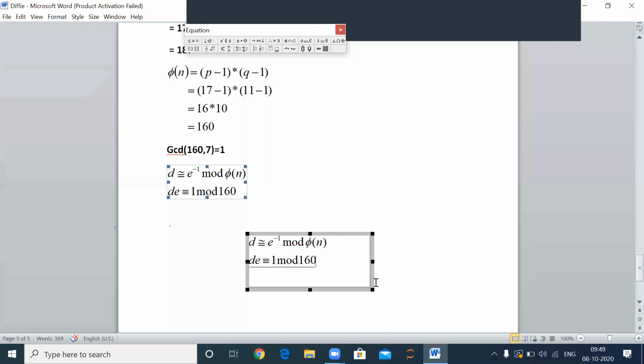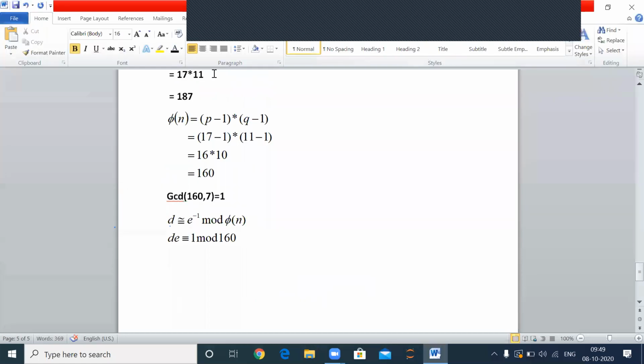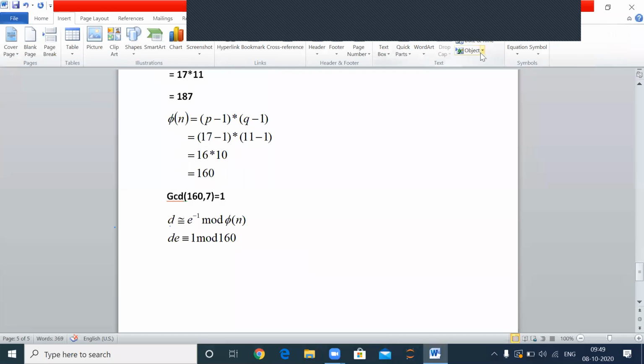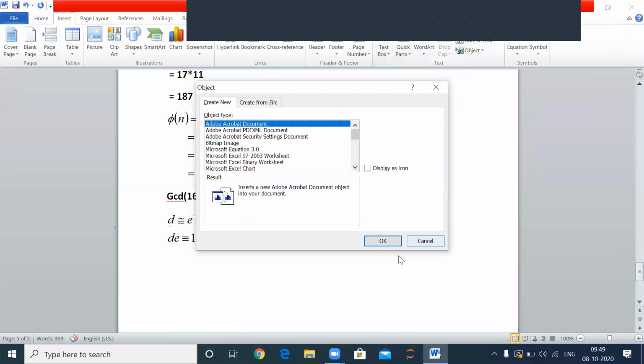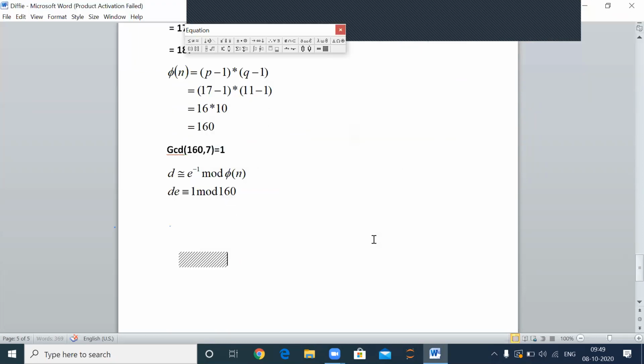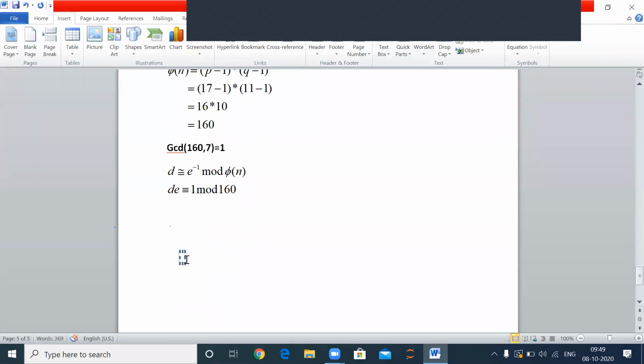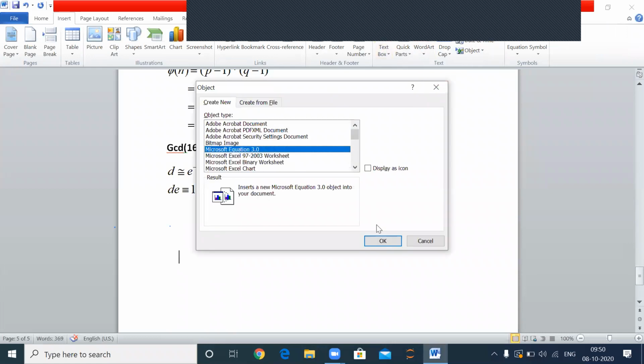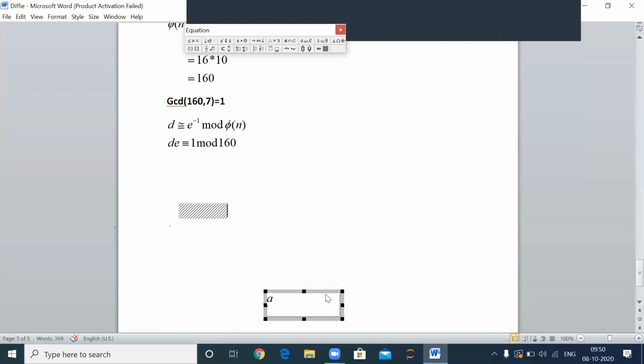So how can this be written? Already you know the mathematics. A congruent to B mod C, how is this written? Already you studied in degree level.